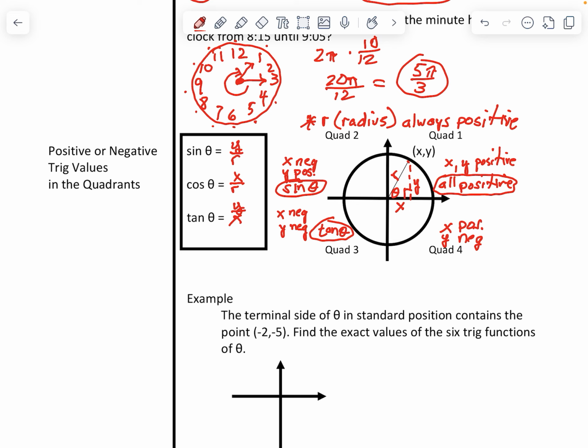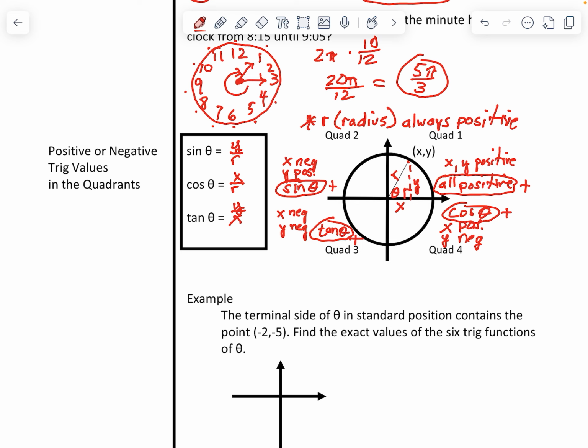And then lastly, in quadrant 4, since x is positive, cosine is going to be positive, but y is negative, so sine and tangent will both be negative. So in the fourth quadrant, cosine is going to be positive. So I'm going to put a plus after these, just so that we see that these are the positive values in those quadrants. And also the reciprocals will be positive, but the other trig functions will be negative.